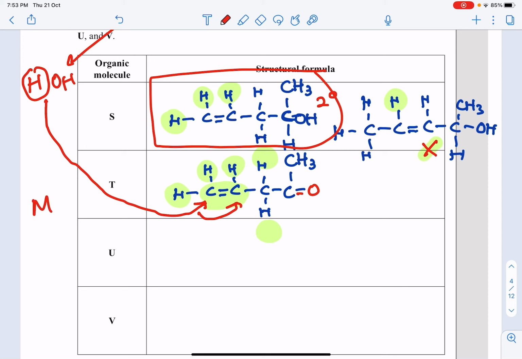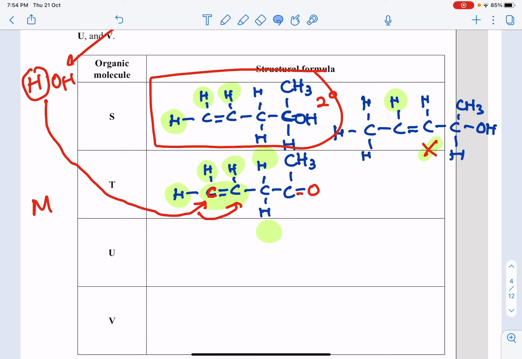In my class, the Markovnikov rule can be easily remembered as 'the rich get richer'. Meaning I'm going to give the H to the carbon that already has more H. In this case, between these two carbons on the left and right, the one highlighted in red has 2 hydrogens, and the one on the right has only 1 H. So the H goes to the C highlighted with 2 hydrogens.